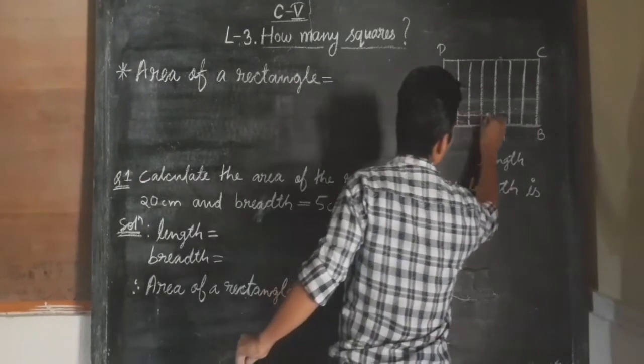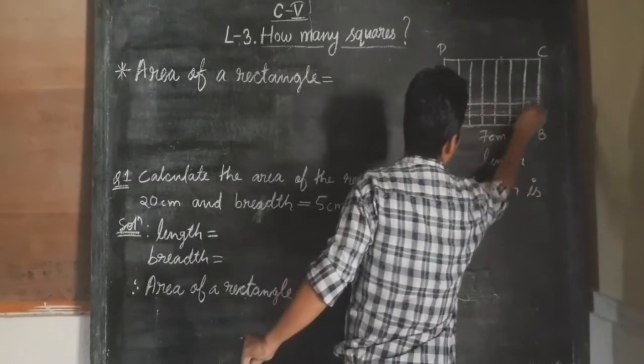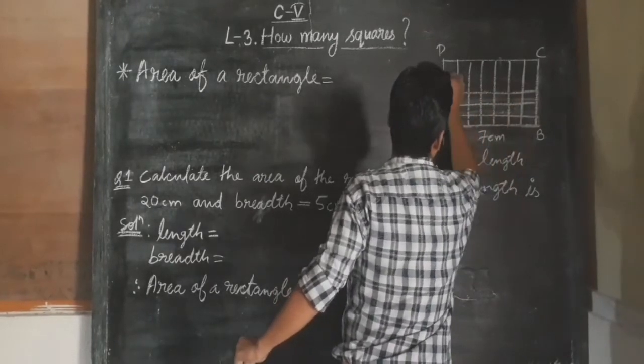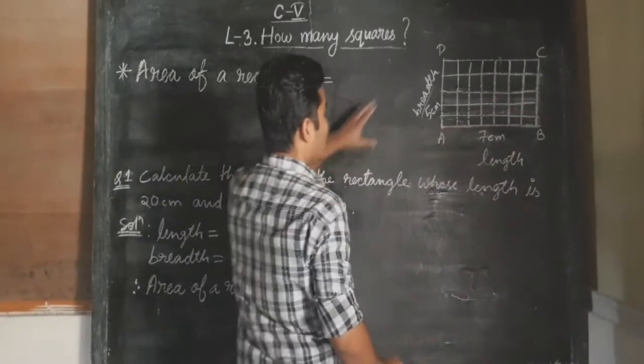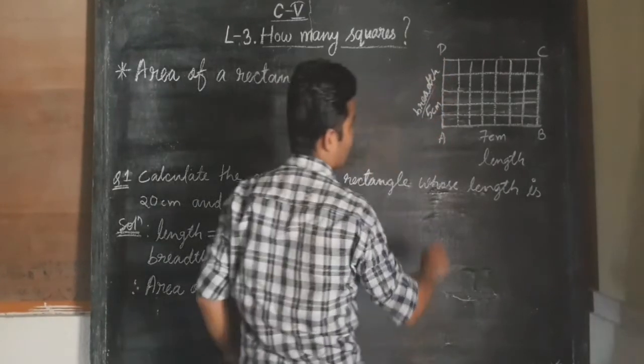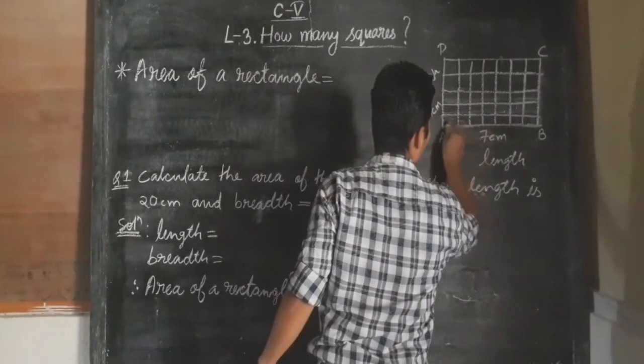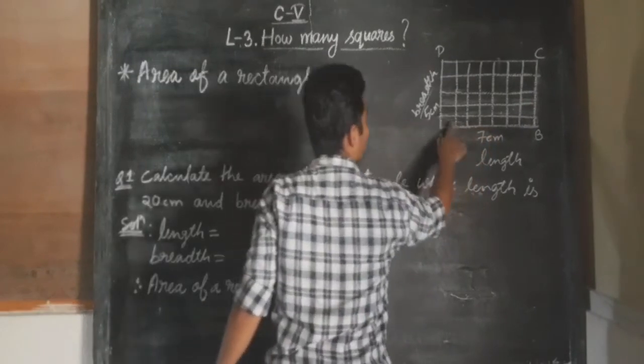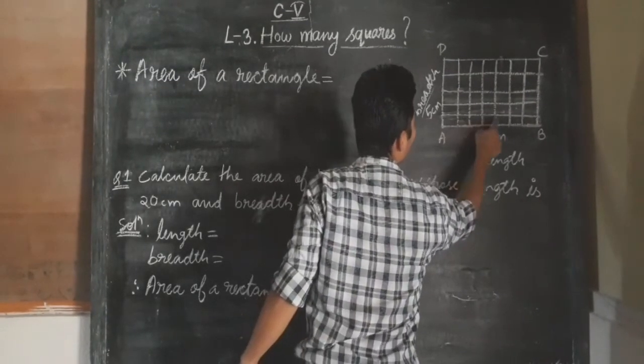So the breadth we will divide: 1, 2, 3, 4, 5. So we have divided the breadth into 5 small squares, you can see, and we have divided the length into 7 small squares. You can see 1, 2, 3, 4, 5, 6, 7.